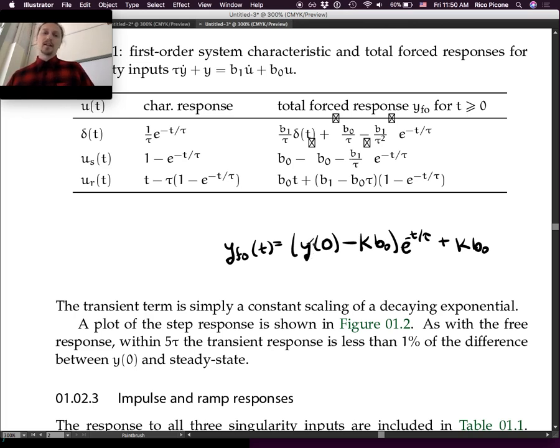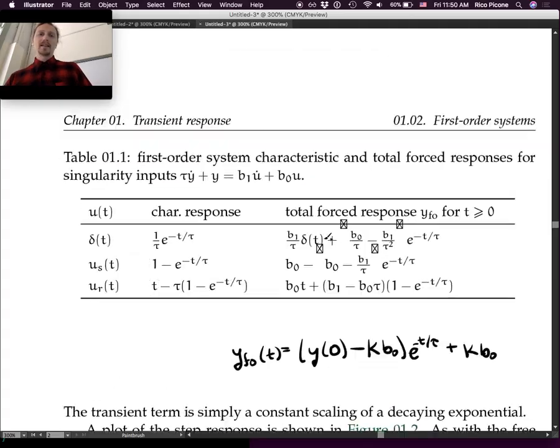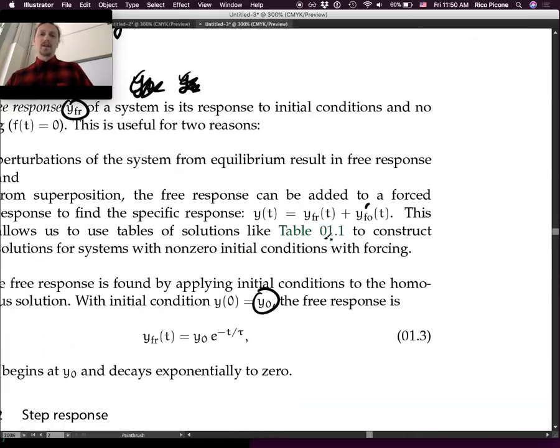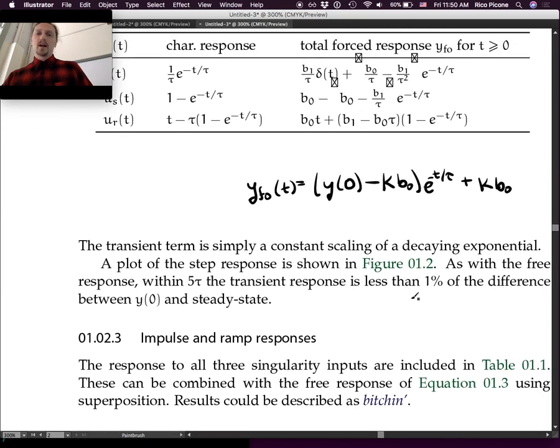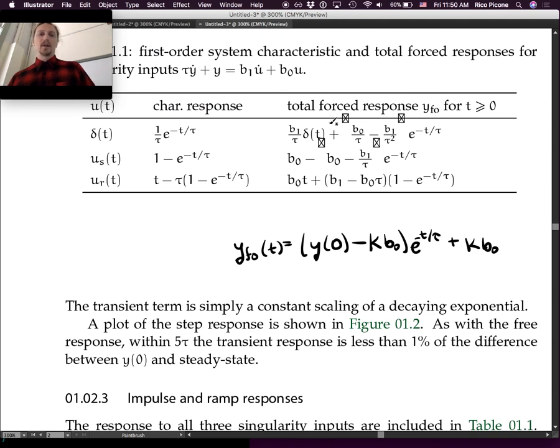So this is the general case. What I said down here was that B1 equals 0. So I did take into account B1 equals 0. So that is correct. So this is steady state. This is just a constant, right? Steady. And this is the transient response because it decays to 0.